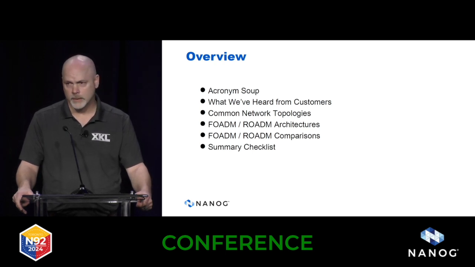After that, I'm going to get into some of the topologies that are appropriate for using a ROADM or FOADM in your network, or an OADM in general. Then a little background on the architecture and comparing these two technologies. And lastly, we'll go over a summary of when it makes sense for you to use a ROADM, and when it makes sense for you to use a FOADM.